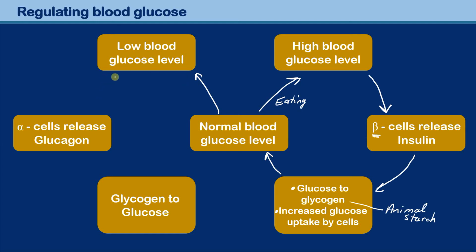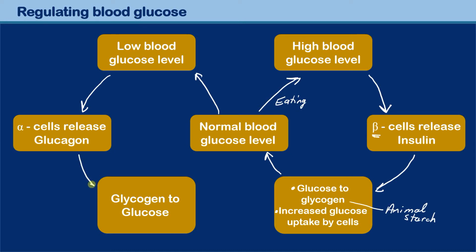In this case, the pancreas is also important, and now the alpha cells of the pancreas release a hormone called glucagon. Now, do not confuse the hormone glucagon with glycogen over here. That's something totally different. This is a hormone, and glycogen is a polysaccharide. And the hormone glucagon is carried in the blood all over the body, also to the liver.